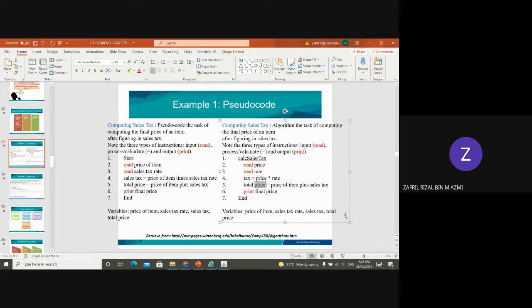Total equals price plus tax. And print what, class? Total. Print total. Right. Now it becomes an algorithm.